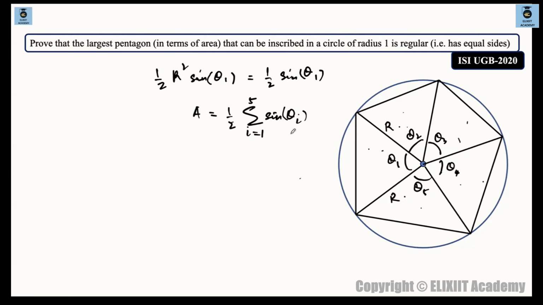Obviously here theta i will belong to 0 to pi. Definitely all the thetas are lying strictly in between 0 and pi.